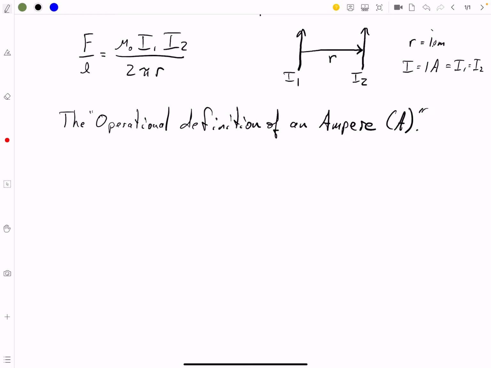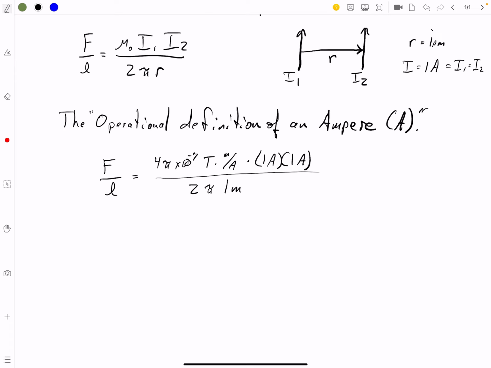Then our force per distance is equal to 4 pi times 10 to the minus 7 Teslas times our 1 amp times our other amp, and we're going to divide by 2 pi times 1 meter.